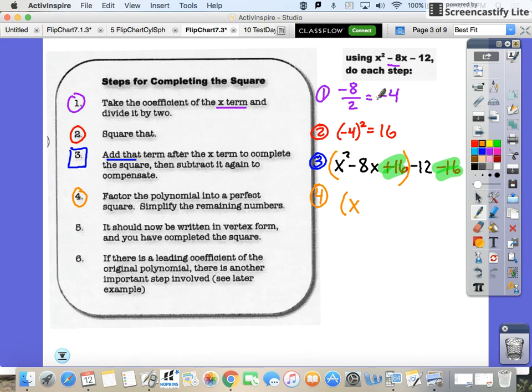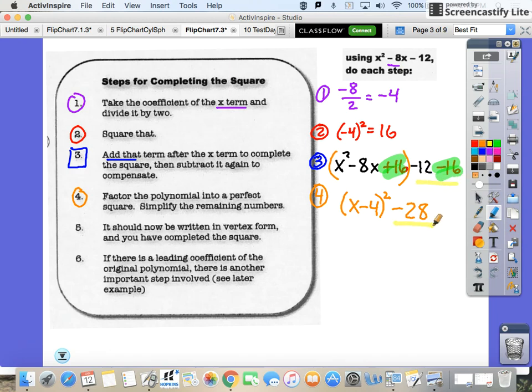So we're going to put this -4 right there, squared, and then we are going to go minus 28, and that's because -12 and -16 makes -28.